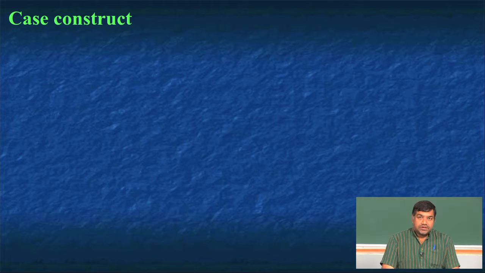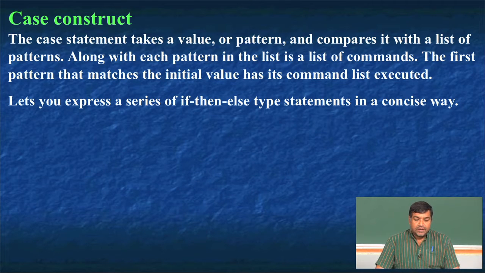The idea behind a case construct is that we had seen in the previous classes that we used an if elif construct. What we were trying to do with the if elif construct was take multiple decisions.